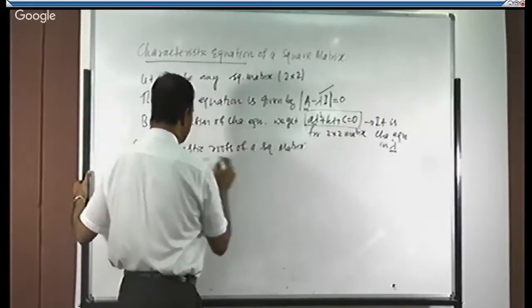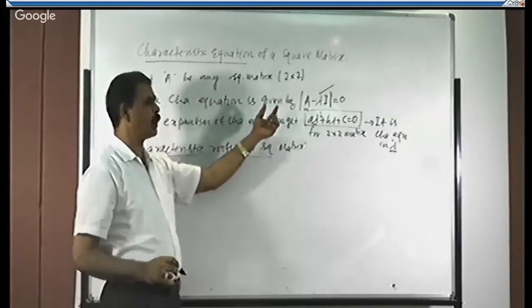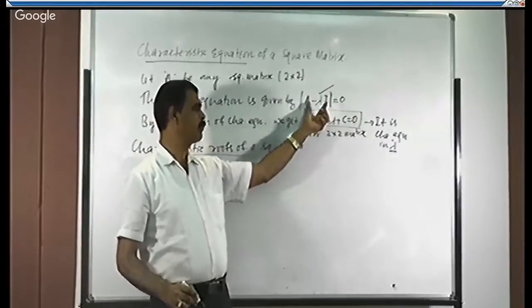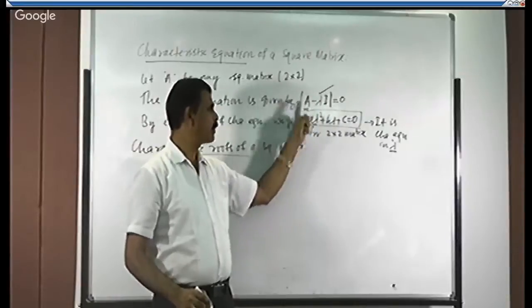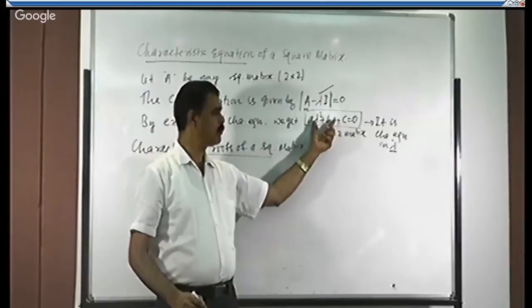You take any square matrix A of any order. For that, we write the characteristic equation in this form, determinant of A minus lambda I is equal to 0. Suppose A is 2 cross 2. By expanding this determinant, we will get this characteristic equation in lambda.